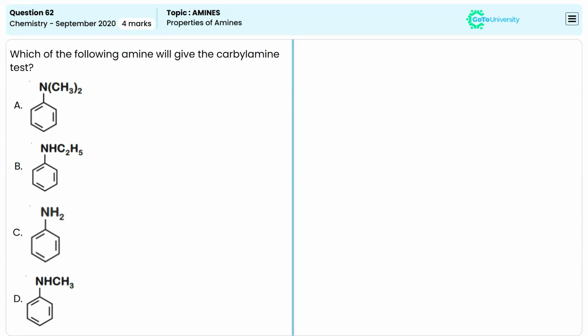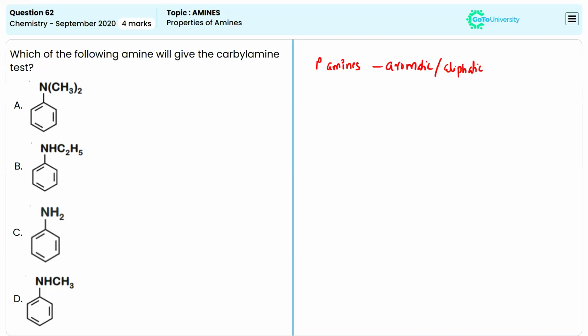Usually the carbylamine test is given by primary amines, and both aromatic and aliphatic ones can give the carbylamine test. So the carbylamine reaction is induced by primary amines, which are aromatic and aliphatic.